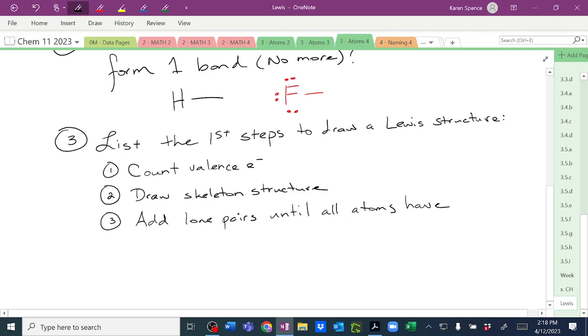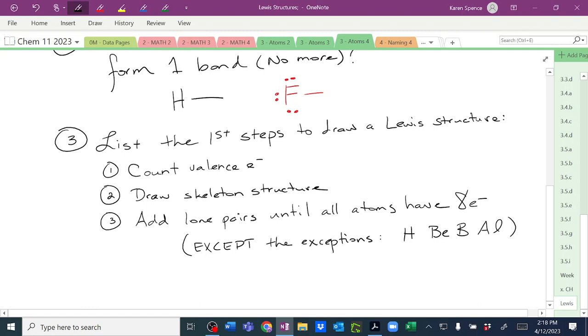A full shell, a full octet of 8 electrons. And I'm going to put except the exceptions. And who are the exceptions? Hydrogen and boron. Whoops. Why did I put an A? That doesn't go there.